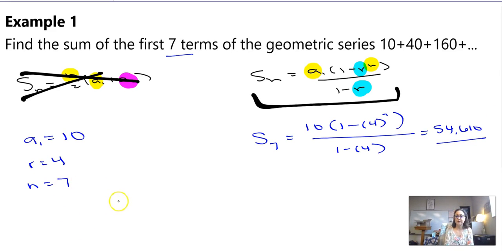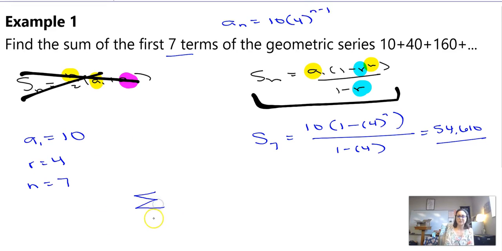Okay, let's talk about how I would write this in sigma notation. If we want to do sigma notation, there's a couple ways to do it. But let's first remember, how do we write a sub n? Well, we take our first term times r to the n minus 1, right?